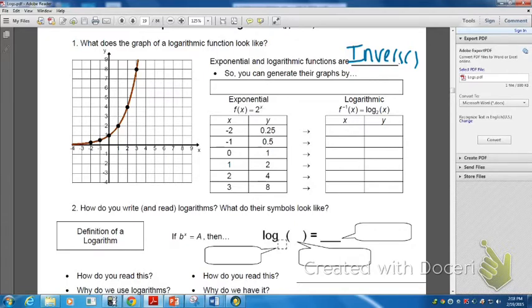We switch the x and the y. They gave you the values of your 2 to the x. To now graph your log function, you're going to reverse or flip your x and y.